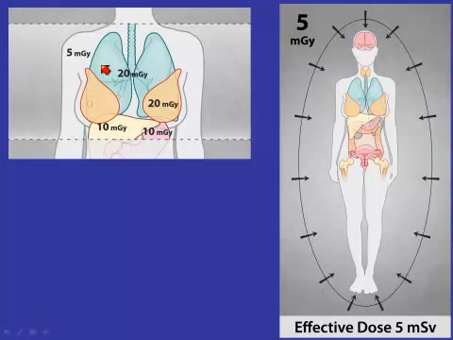What do you do with this pattern of energy deposition? The answer is you calculate an effective dose. What you say is this pattern corresponds to every organ and tissue getting 5 milligray, and that means that the effective dose is 5 millisieverts.